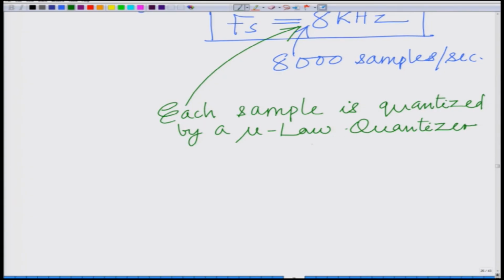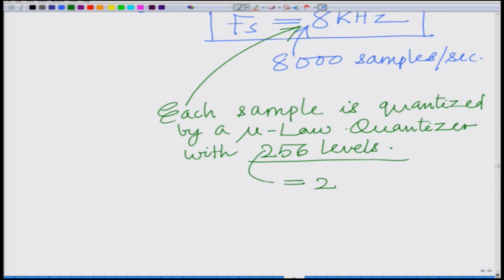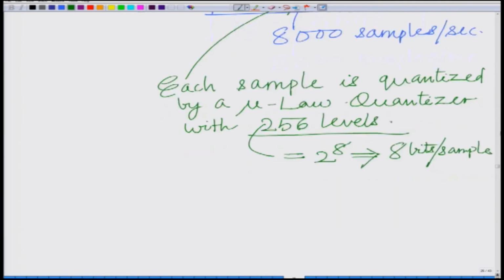Mu law quantizer with 256 levels. Well, 256 equals 2 to the power of 8, which implies 8 bits per sample.